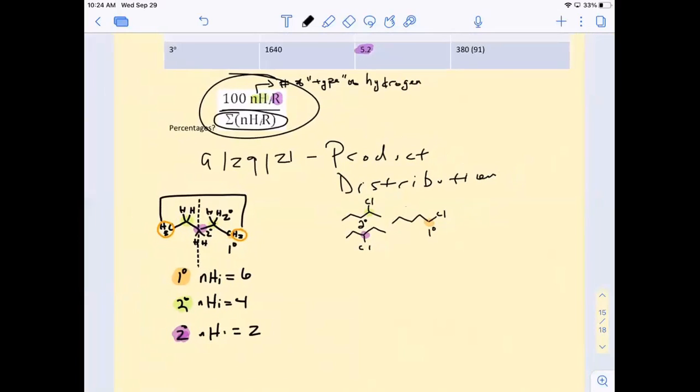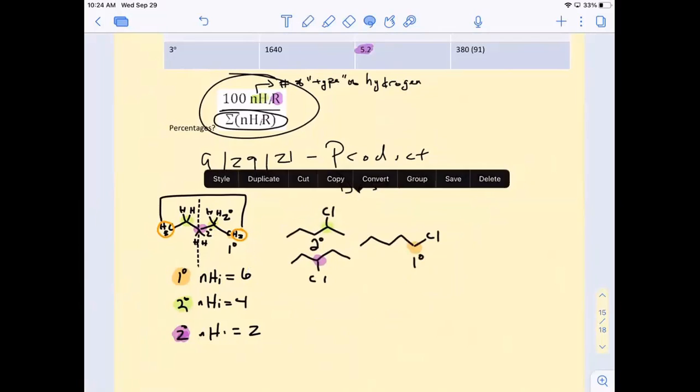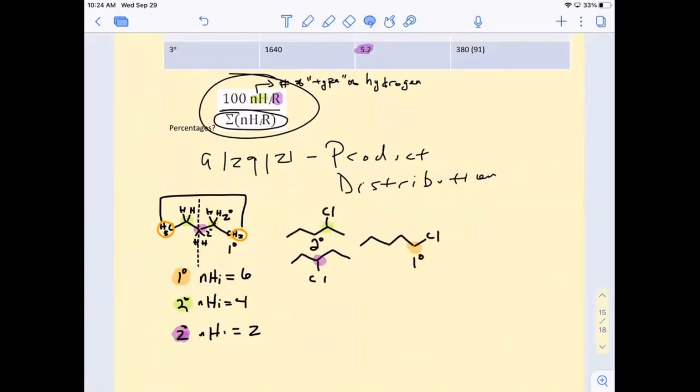All right, so now we can apply the equation.